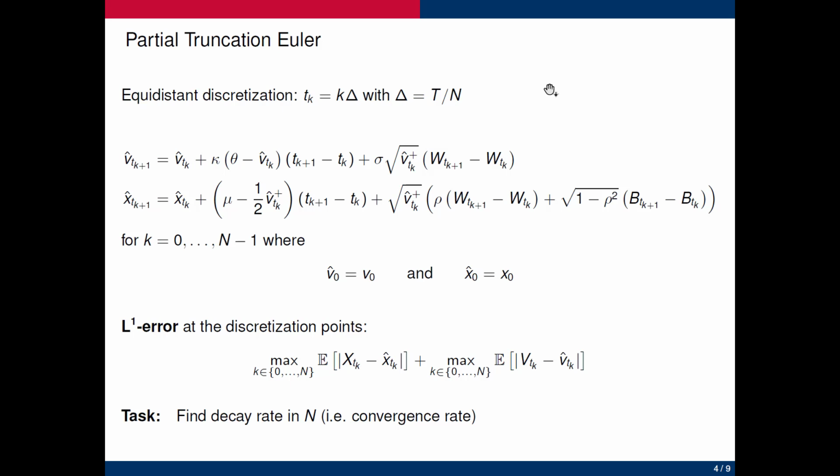For the log price process, we use the standard Euler scheme, but note that we only plug in the positive parts of V_{t_k} here. The L1 error for the CIR process and its discretization, as well as for the full Heston model and its discretization, is stated here. Now we would like to know if we can find a decay rate in the number of steps n.